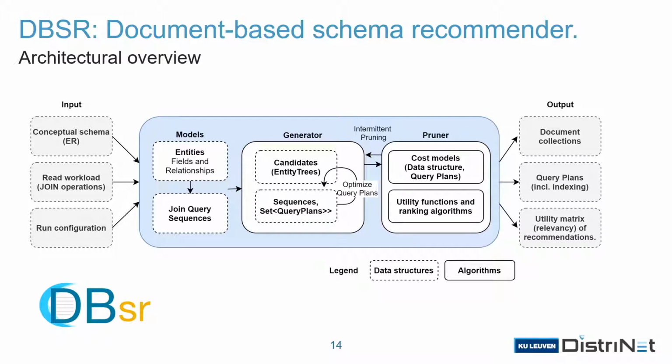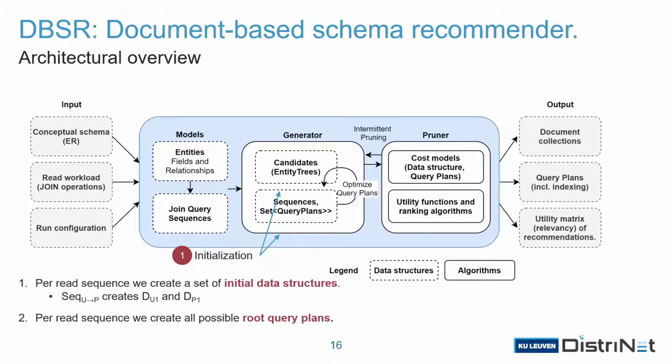So this is then parsed into the generator as models, and we start off by initializing the generator. This happens via the initialization of some set of initial normalized document data structures, and secondly by creating a set of root query plans over these normalized data structures.